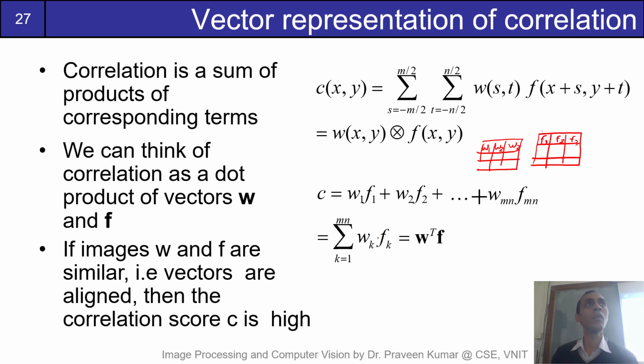You recollect the scalar operation between two vectors. So we can write this C simply as a scalar dot product. Let us say in two dimensions, there are two vectors f and w at some angle theta.